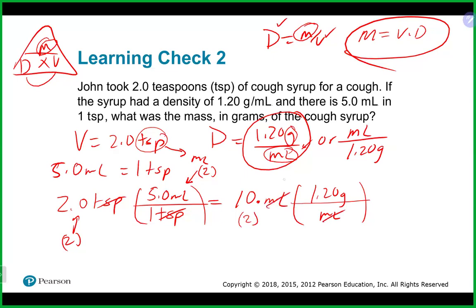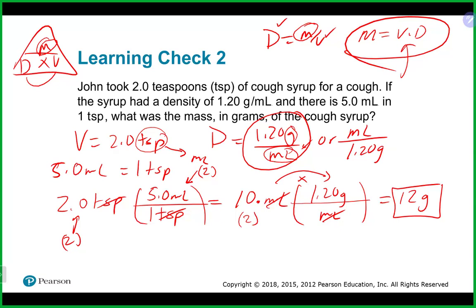Milliliters will cancel. We're going to multiply what's on top. We really have nothing on the bottom to divide by since it's really 1. We will multiply that, and that will get me 10 times 1.2, going to give me 12 grams, right? Again, I just pretty much did the rearranging of the density equation without even using the density equation, thinking of it more just as a conversion factor.